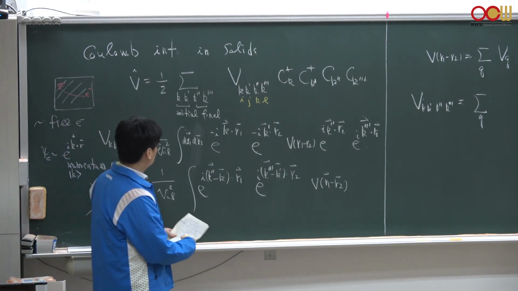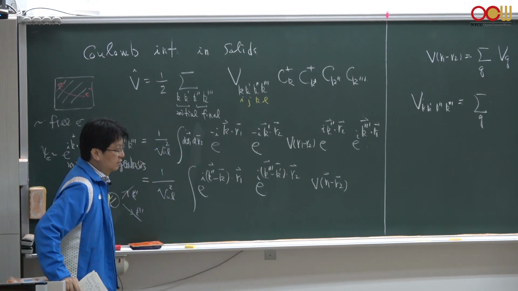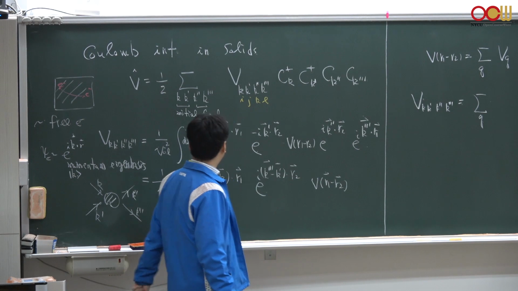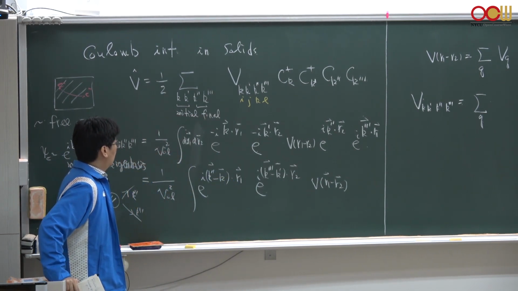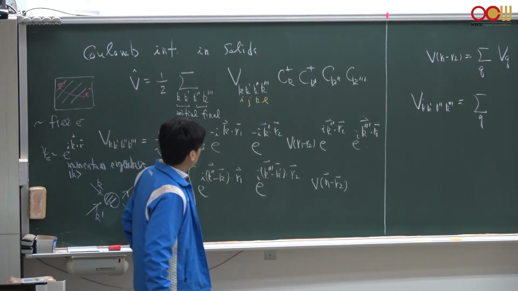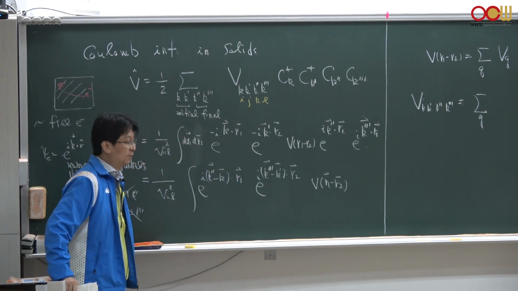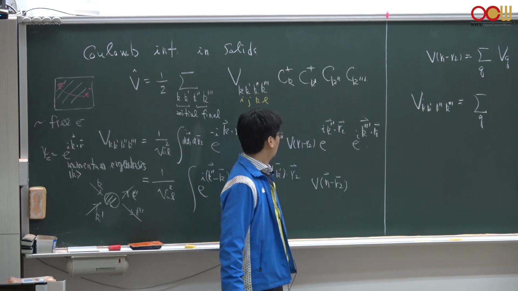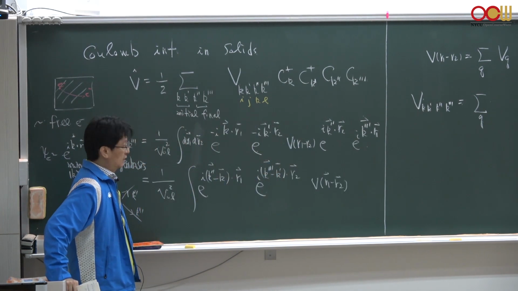As a result, the expansion coefficients are nothing but Fourier exponentials. So for K and K prime, we get minus i times exponents K dot R1 and K prime dot R2. And for the final states, the exponents are plus i K double prime dot R2 and K triple prime dot R1.